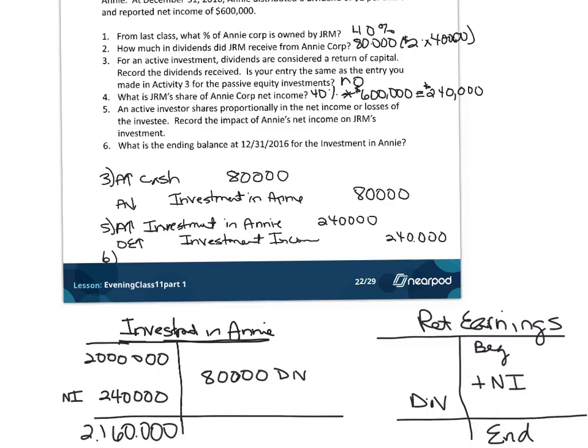So you see we have the beginning balance, net income makes it bigger, dividends make it smaller, and so we get our ending balance the same way that retained earnings works. So there is that.